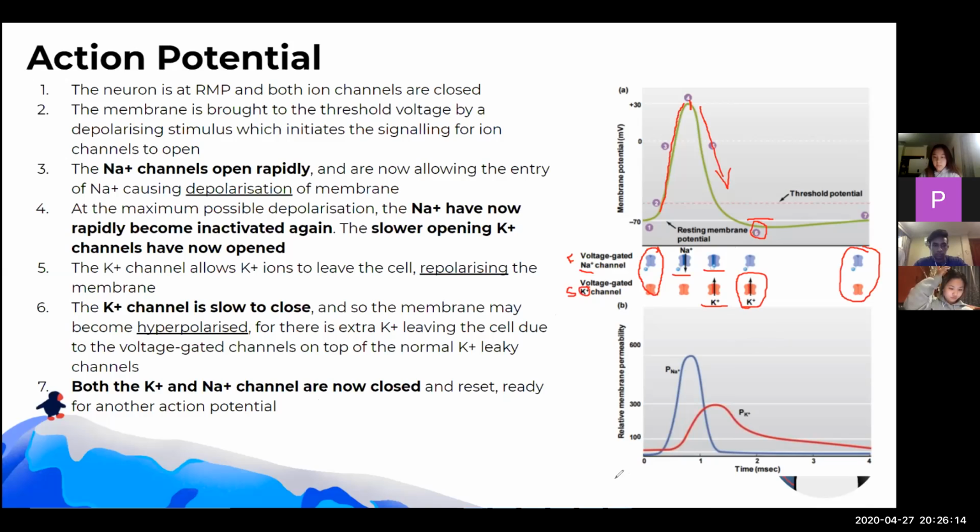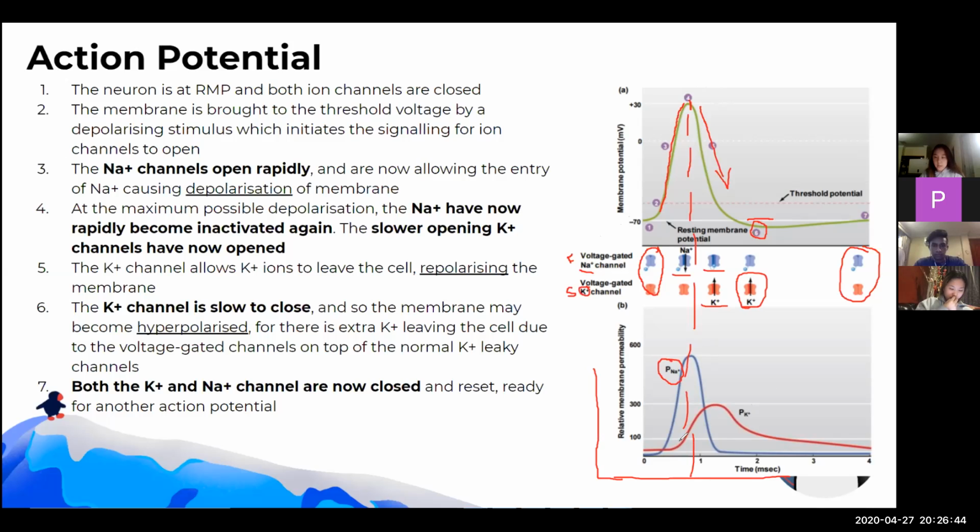This diagram down here shows the relative membrane permeability. The membrane permeability for sodium ions, so the amount of sodium moving across the membrane, is pretty much the same shape as our action potential because our sodium voltage-gated channels open quickly and close quickly.